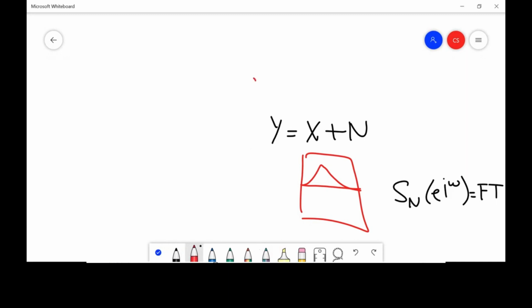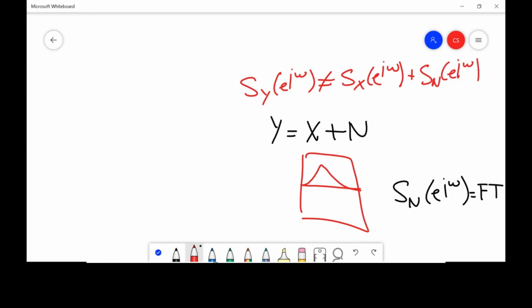In general, the spectrum of I is not this one. You add two signals, and the spectrum is not the addition of the two spectra.